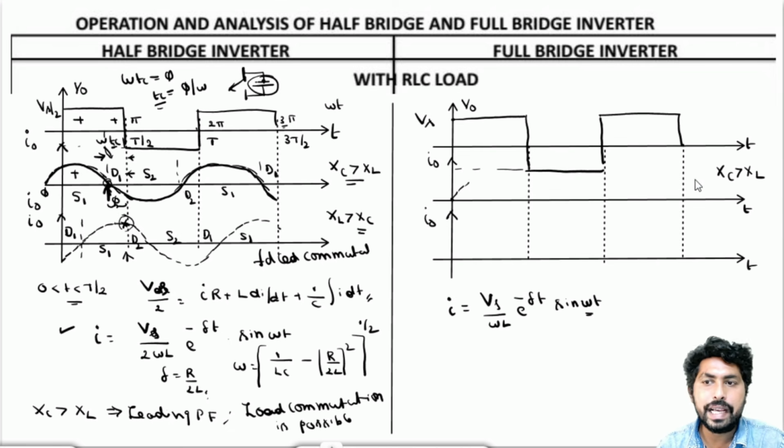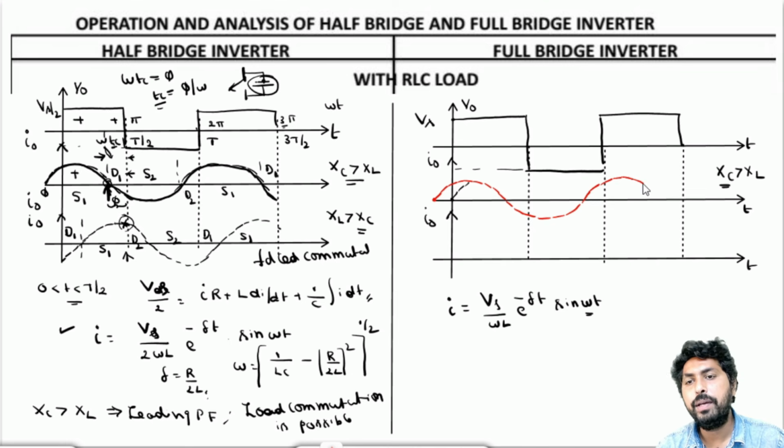Because here XC is greater than XL, the current should lead the voltage by pi angle. So here the current will be like this, same as here. The current is the same, but now you can mark the conducting devices.